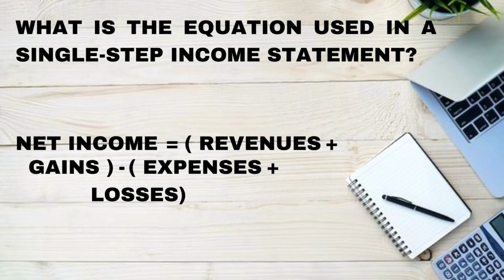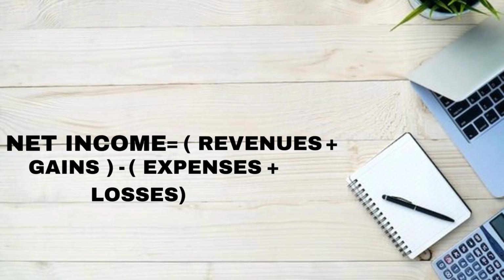It is a more straightforward and uncomplicated report to prepare. Also, the single-step report is easier for readers without financial expertise to interpret, analyze, and understand. Single-step income statements calculate the business's net income by subtracting losses and expenses from gains and revenue.